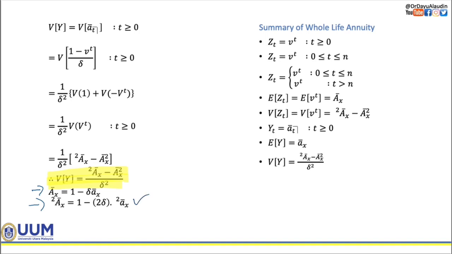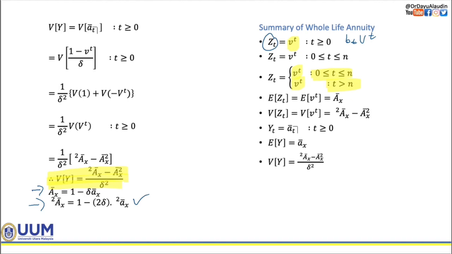As a summary of whole life annuity, if we look at it one by one, Z_T is b_T times v to the power of T. We assume b_T as 1 ringgit, that's why we have v^T here. For whole life insurance, we have the benefit if the death happens before n or after n, we still get the benefit.